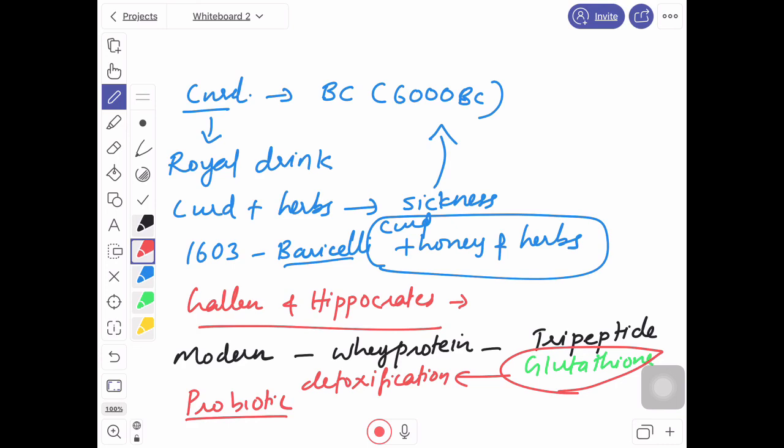So right from before Christ, that is 6000 BC, till modern studies show that whey proteins have a very good medicinal effect. Okay.